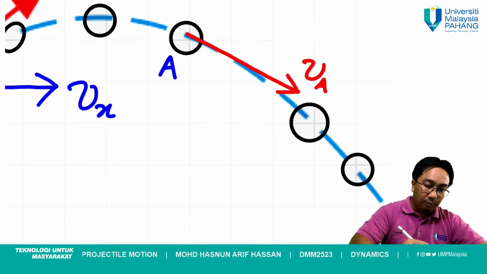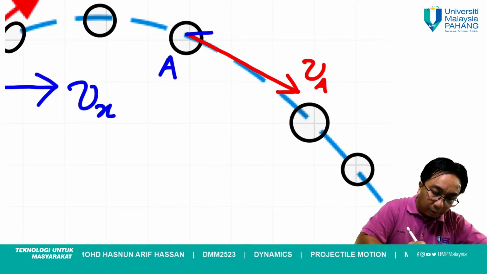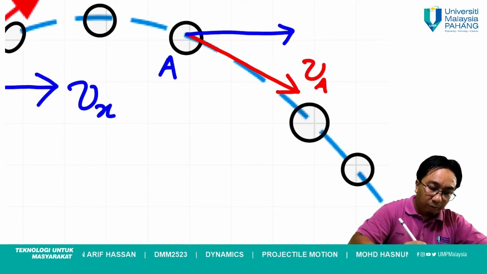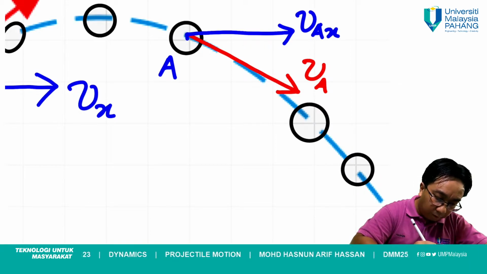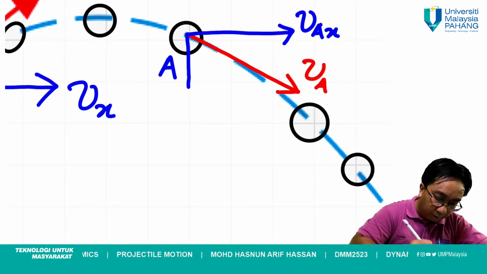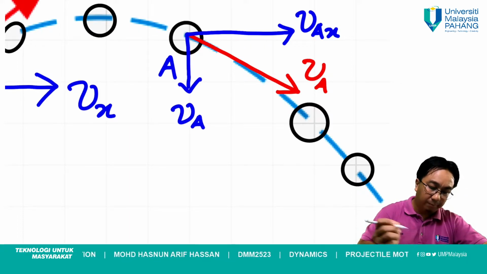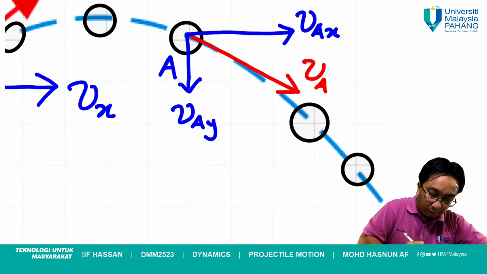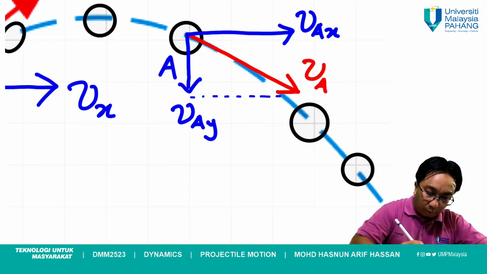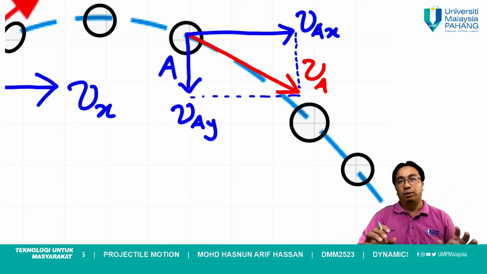And then we can always dapatkan dia punya komponen. This will be VAx, and there will be the component pointing down in y-axis. This will be VAy. Okay, so in the end dia akan hasilkan what is called parallelogram or something like that.